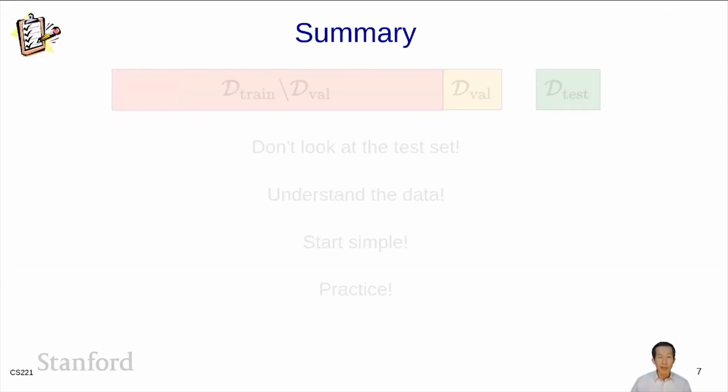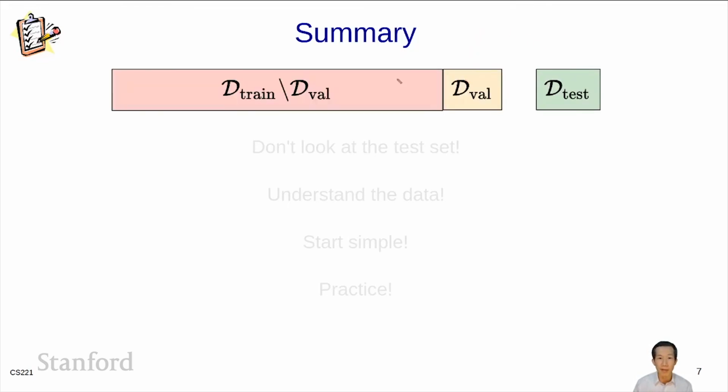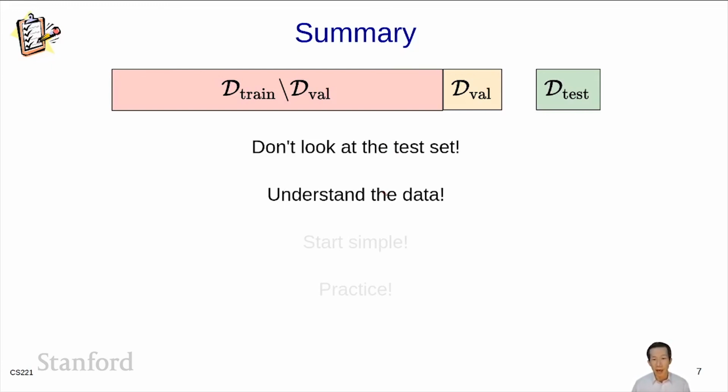Okay, to summarize, we've talked about the practice of machine learning. First, make sure you have good data hygiene. Separate your test set, leave it alone, and divide your training set into a validation set and the rest. Don't look at the test set, but do look at the training or validation set to understand the shape of your data so that you can have intuition for deciding how to model the data.